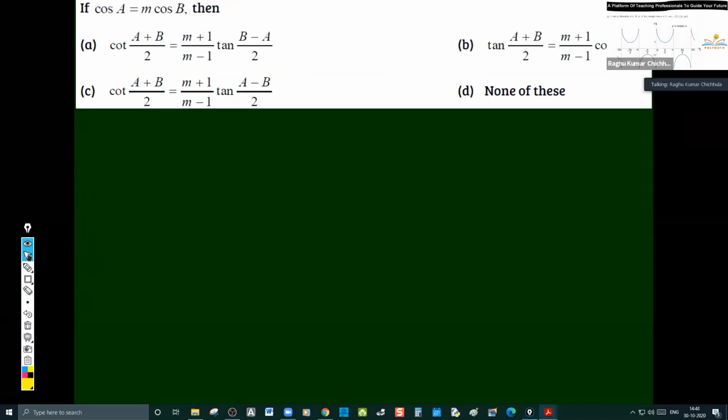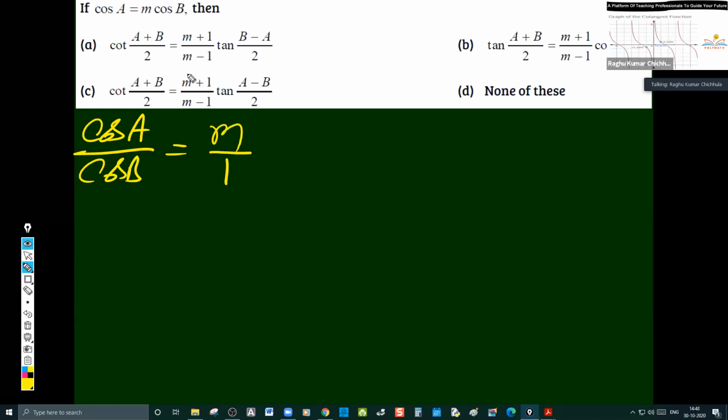Next one. Cos A is equal to m cos B. Now, cos A by cos B, if you see the options, it is in the form of m plus 1 by m minus 1. So cos A by cos B is equal to m by 1. Whenever you get m plus 1 by m minus 1 form, plus and minus in the denominator, what is to be done? What is the hint I gave you previously? We discussed this.